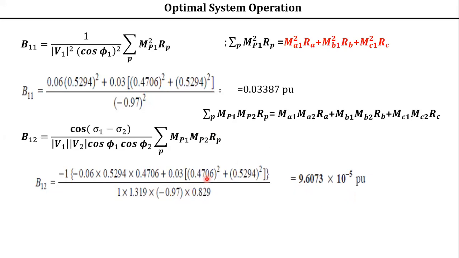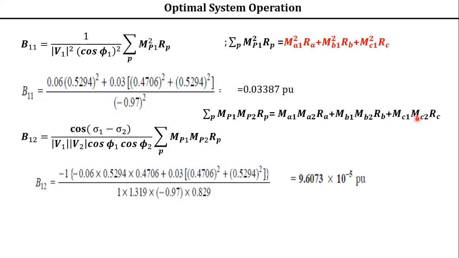Here I have taken a square because RB and RC are the same value, 0.03. That's why I took RC outside. Then substituting MB1, MB2, MC1, MC2: MB1 and MB2 have the same value, so instead of multiplying 0.4706 into 0.4706, I wrote 0.4706 squared. Here also MC1 is equal to MC2, because these are load branches.